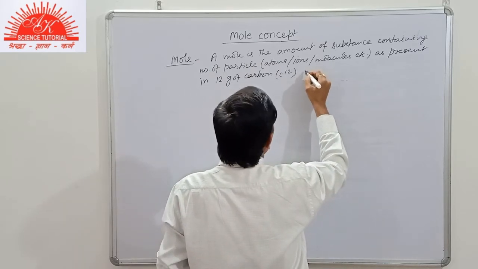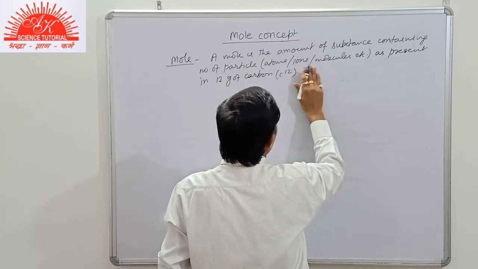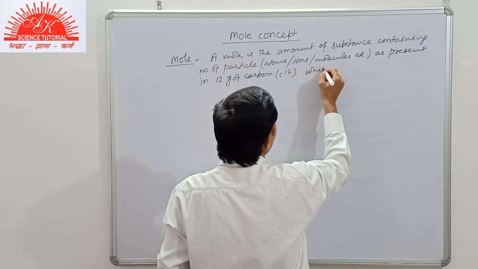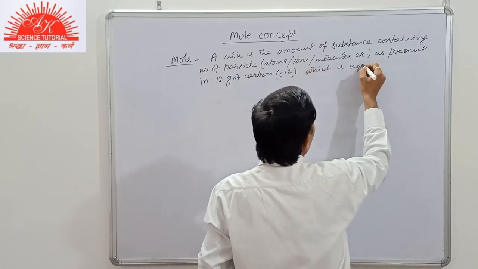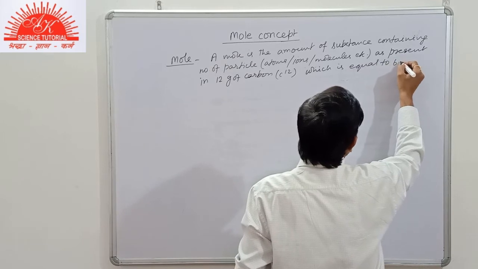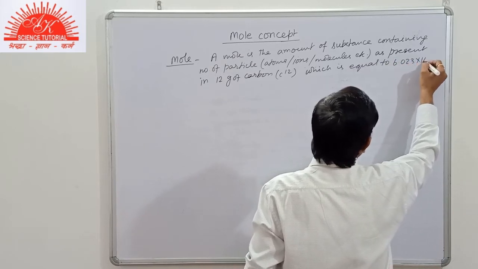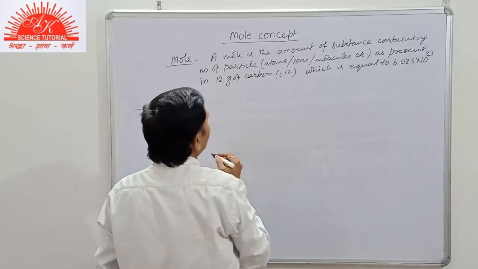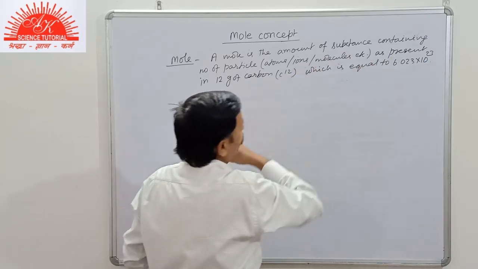So C12 is called C12 which is equal to 6.023 into 10 to the power 23 is called mole.